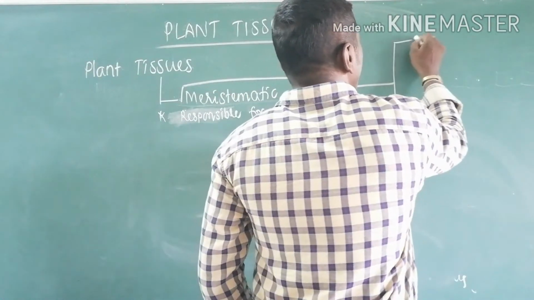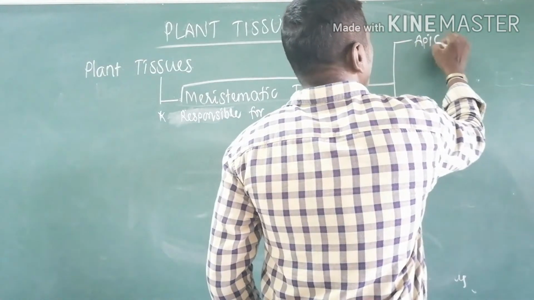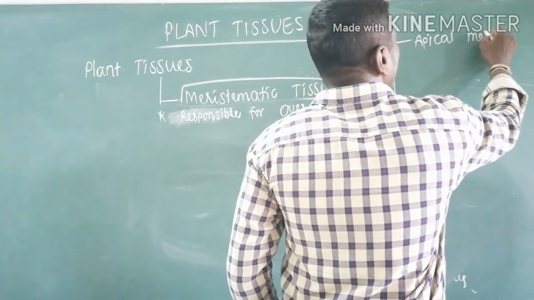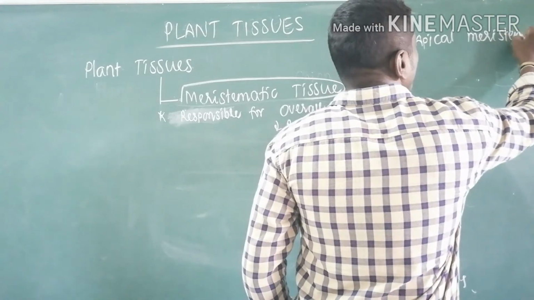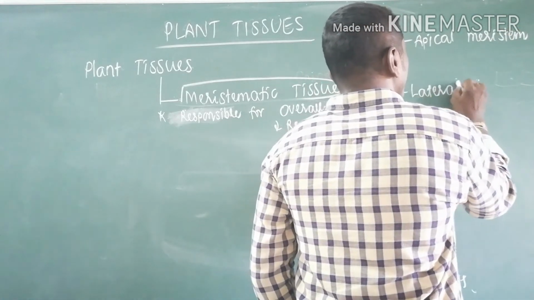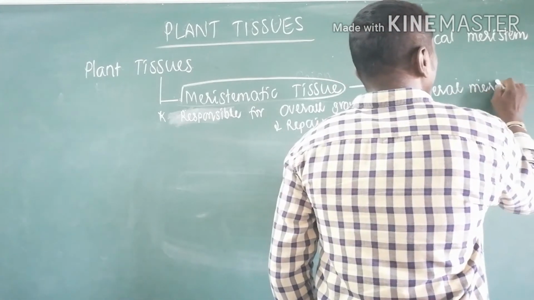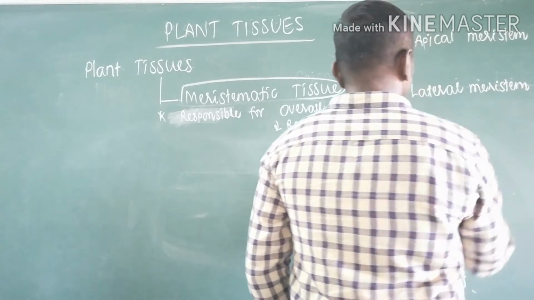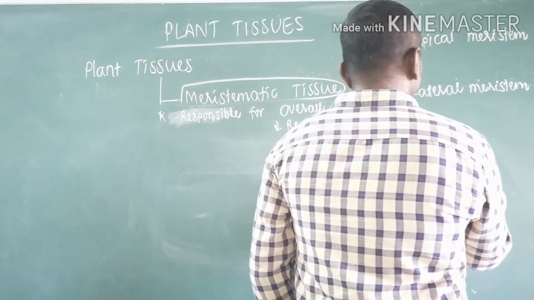One is the apical meristem, lateral meristem, and intercalary meristem.